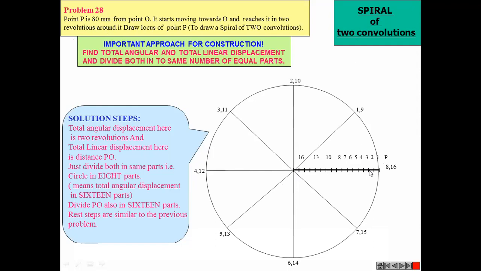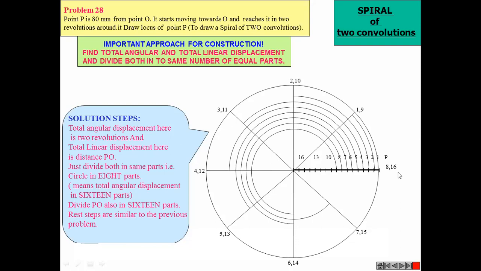So this will be 1, 2, 3, 4, 5, 6, 7, 8, up to 8. Again, 9 will start from this only, 9, 10, 11, 12, 13, 14, 15, 16. If we go further, 17, 18, 19, 20, likewise. Then same way, mark 1 to 1, 2 to 2, 3 to 3, 4 to 4. Likewise, keep doing this.